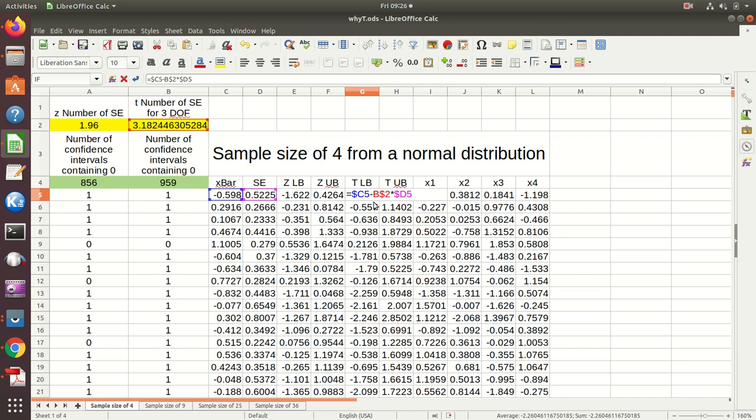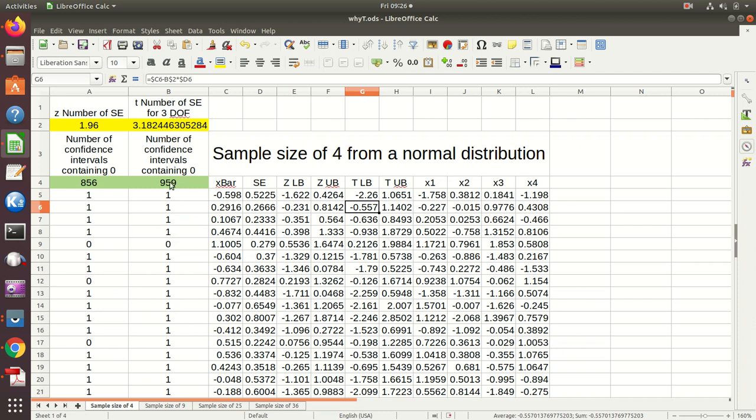So I made the confidence interval wider because I used a bigger number to multiply by, but D5 is still the standard error. So in our formula for a confidence interval, all I did was change the multiplier, the 1.96, to 3.182, which is based on a t-distribution with 3 degrees of freedom. And again, I did that for the upper bound. I checked that same way.